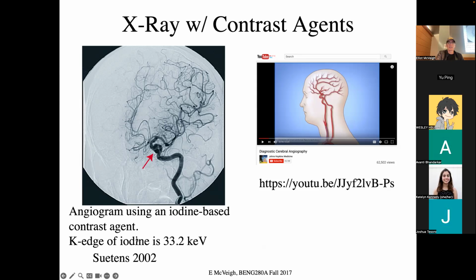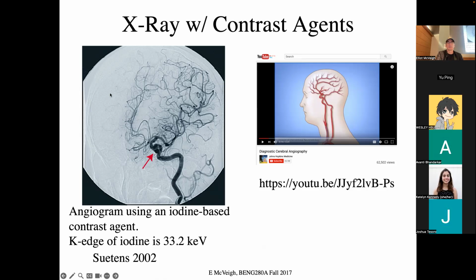And the reason is they've obtained two pictures very close together in time. They first take one picture below the K-edge and one picture above the K-edge of this contrast agent. And so once they're above the K-edge, they get a very high contrast in the vascular structures. But anything that isn't this contrast agent looks exactly the same for those two energies. So you just subtract those two pictures, and all you have left essentially are the vessels.